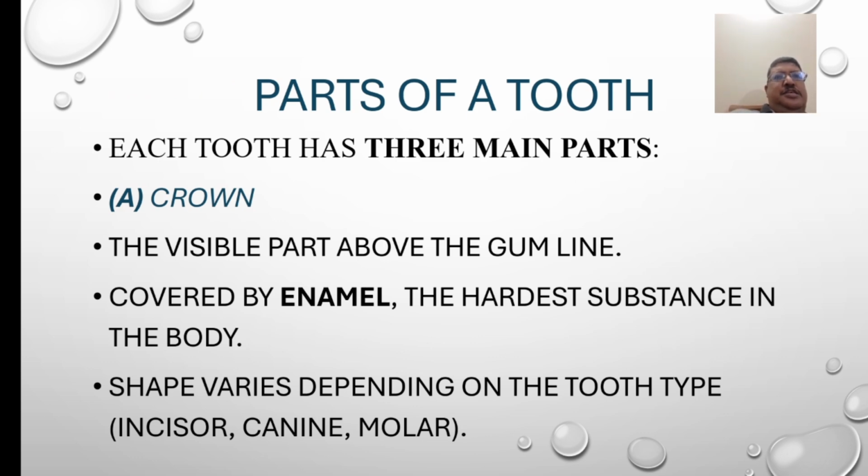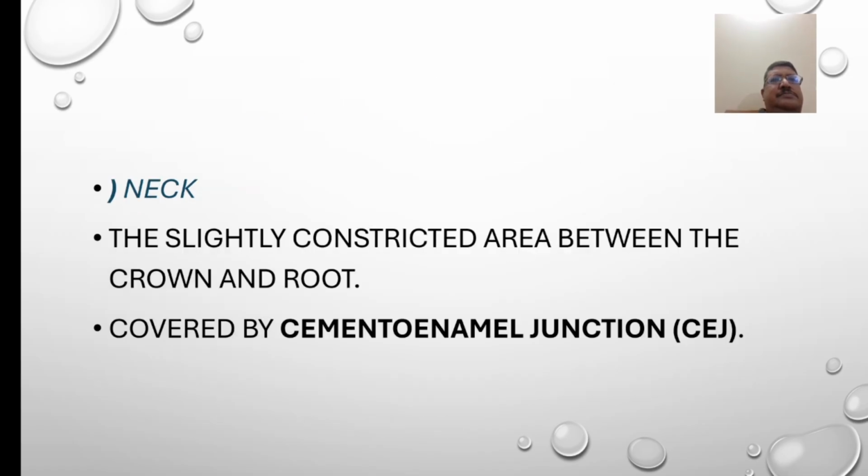Parts of the tooth. Each tooth has three main parts. Crown: the visible part above the gum line, covered by enamel, the hardest substance in the body. Shape varies depending on the tooth type: incisor, canine and molar.